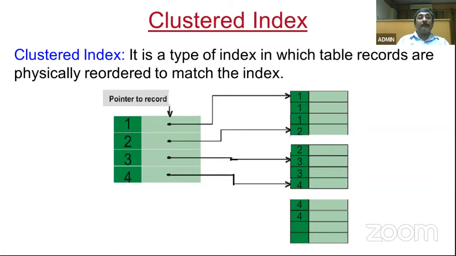Like for example, you see, now this is a clustering index. One is not a primary key, understood? Because so many ones are there, so many twos are there. This is not my primary key, but this is the key on which physically the data is sorted. So if I ask you, I want to go to a record with key 1, then you take me to this particular record.